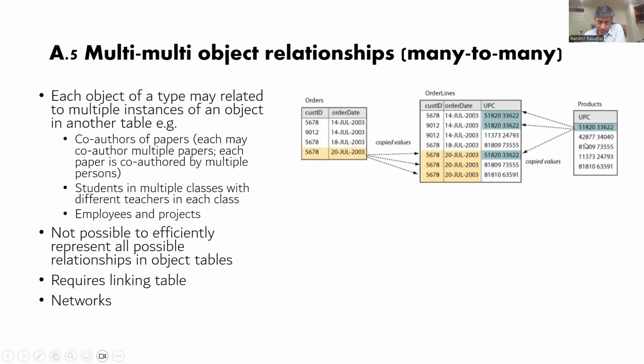And in an order, you may have multiple products. So the only way to support that is with a linking table. For many-to-many, you need an additional table simply to do the linking. So in this linking table, you can have your customer appearing more than once, and you can have the same product appearing more than once for different customers. So that's how you can support many-to-many relationships.